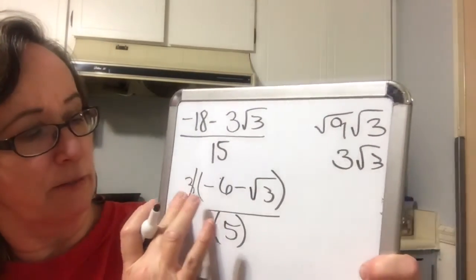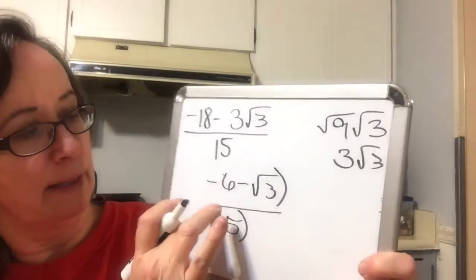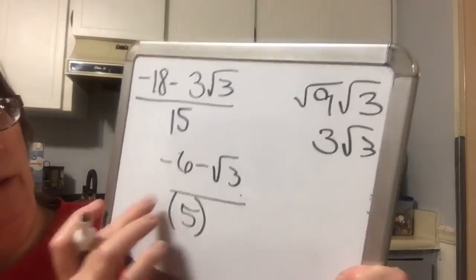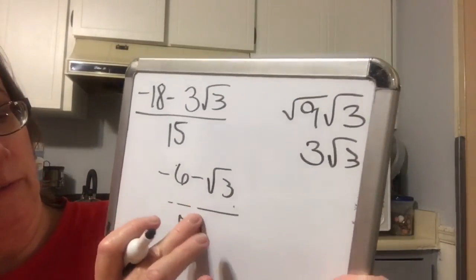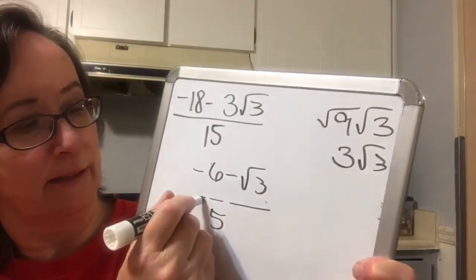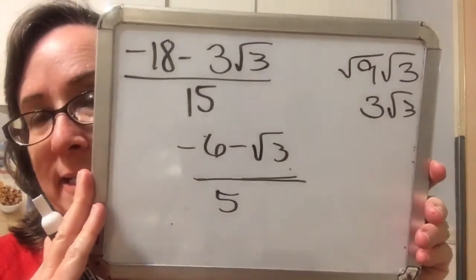We'll get rid of these 3's because they're gone, and we end up with negative 6 minus square root of 3 over 5. We don't need those parentheses anymore. And that is the last problem on 9.6.